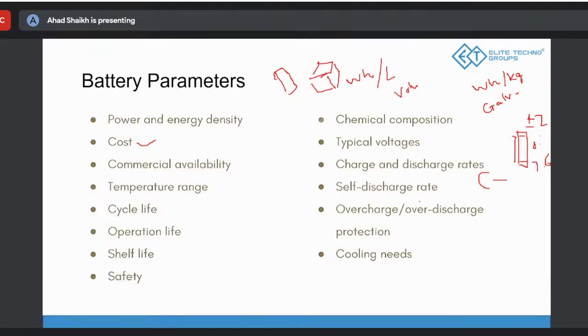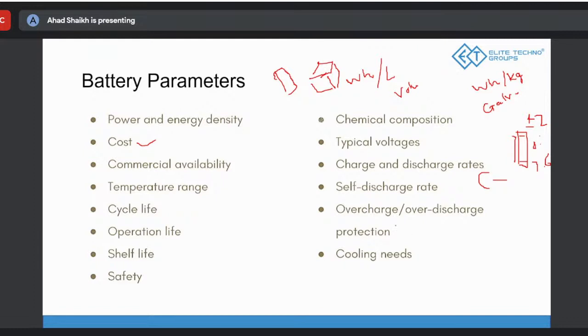And overcharging and discharging protections. When the battery gets overcharged, how much temperature rise will there be? Will there be swelling? Specifically in the case of pouch cells, swelling happens. You might have seen mobile batteries get swollen or thickened when they have almost died.